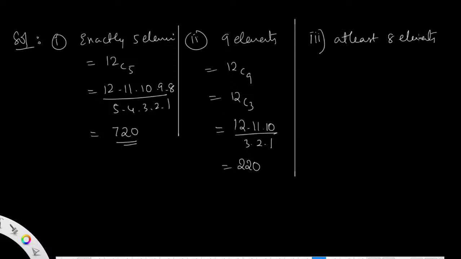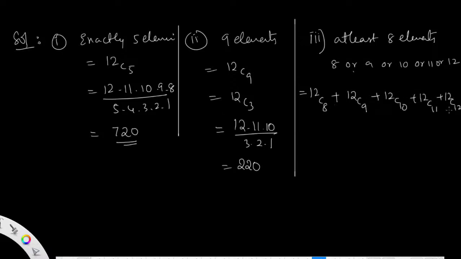At least 8 elements means it may be 8 or 9 or 10 or 11 or 12. Out of 12 elements, selecting 8 means 12C8, plus 12C9, plus 12C10, plus 12C11, plus 12C12.